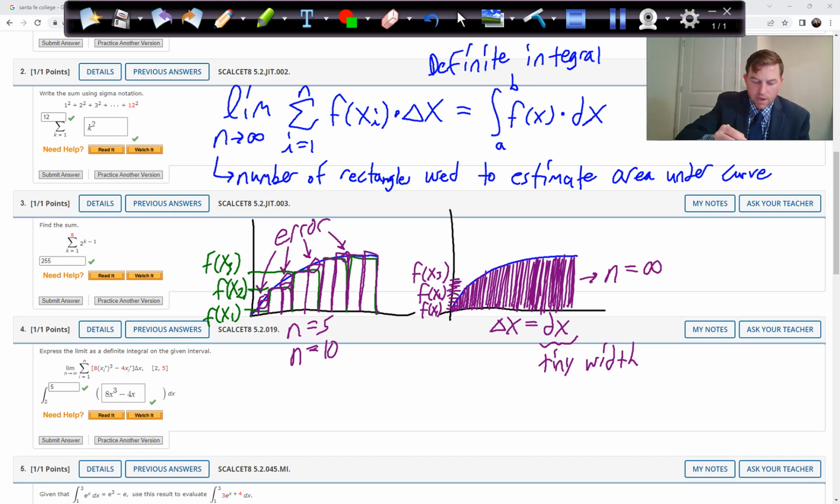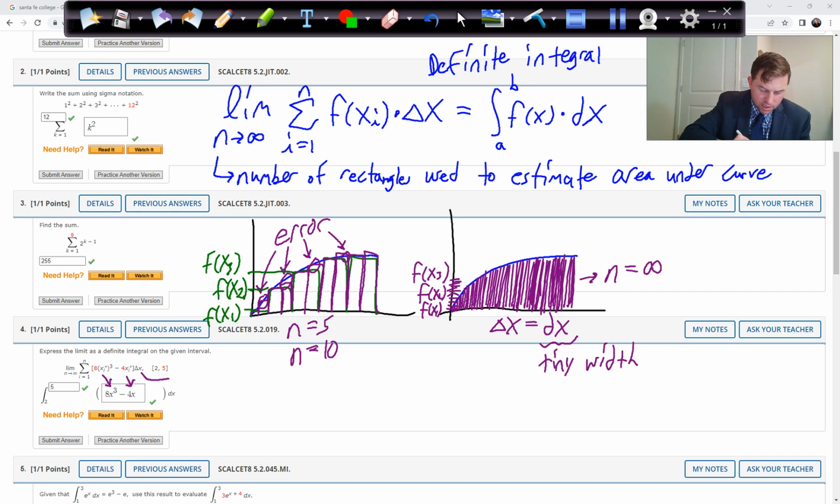Now the only thing we have to do in this first problem is that we don't have to deal with xi's anymore. So if it says 8 xi cubed, that just becomes 8x to the third. If it's minus 4 xi, it's now just 4x, because these are now definite values, not estimated, not approximate values.